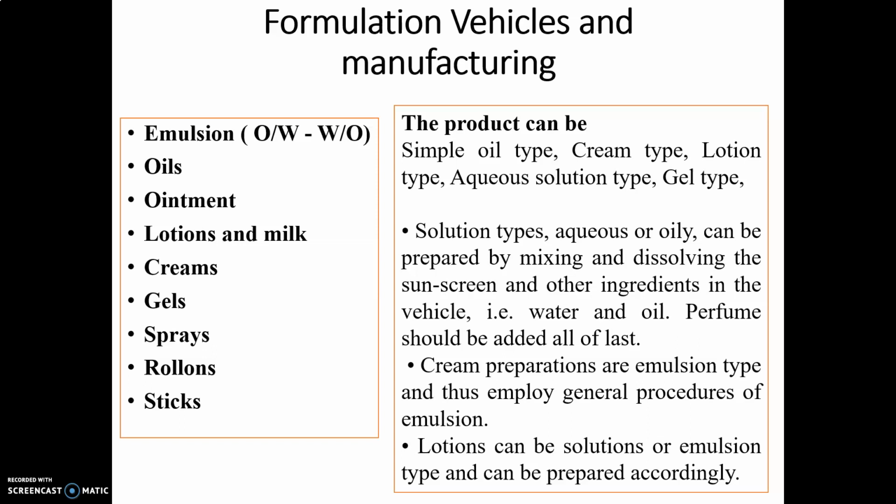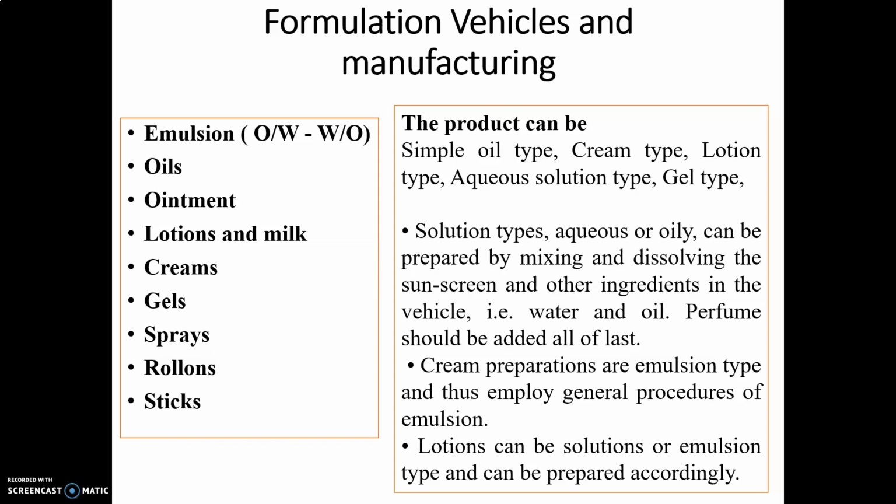You can add a perfume to a particular product at the end of the manufacturing step. Then you can simply prepare creams, that is, emulsion type systems, simply by using the procedures preferred for the formulation of emulsions.